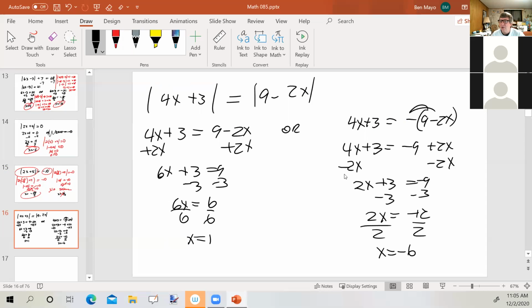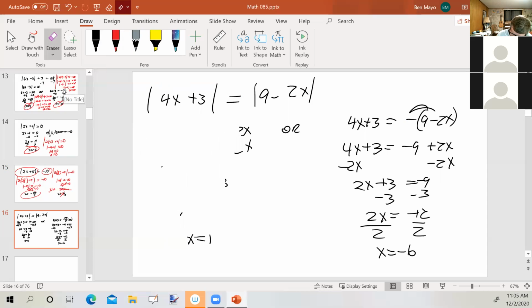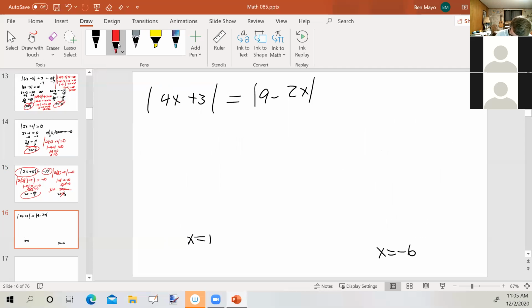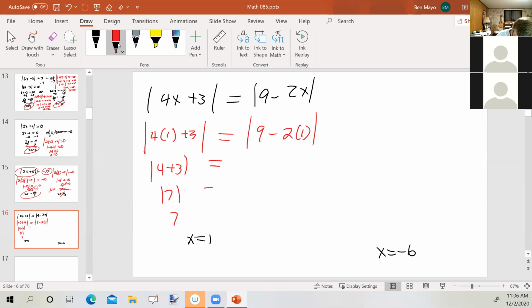So once again, I'm going to check my work, and I'm going to erase my writing here so that I have room to check my work. If x is 1, we get the absolute value of 4 times 1 plus 3 equals the absolute value of 9 minus 2 times 1. This would be 4 plus 3, 7.